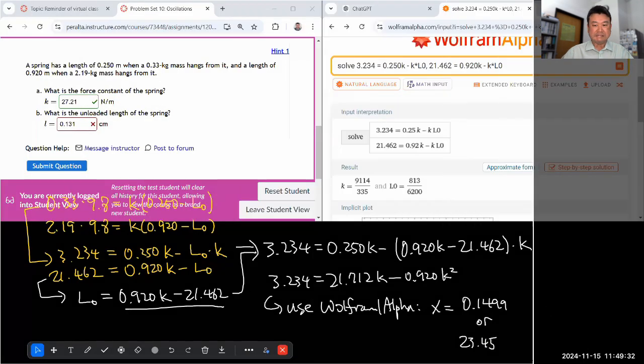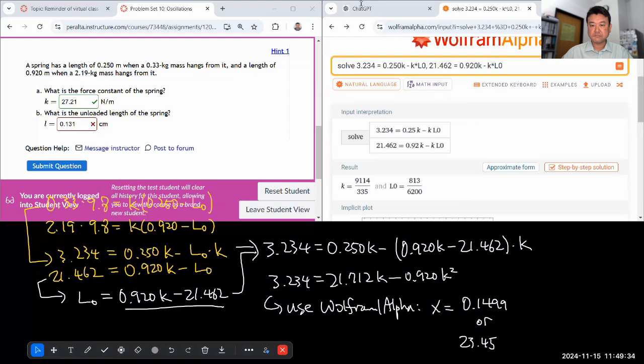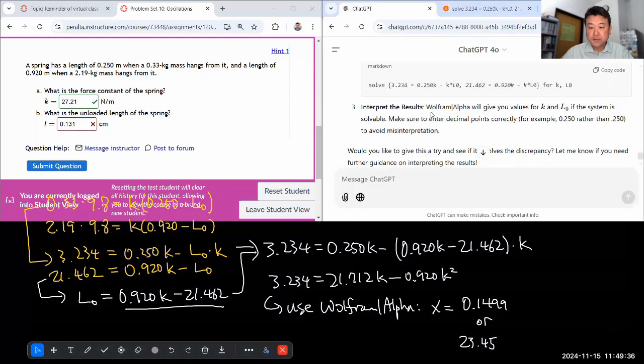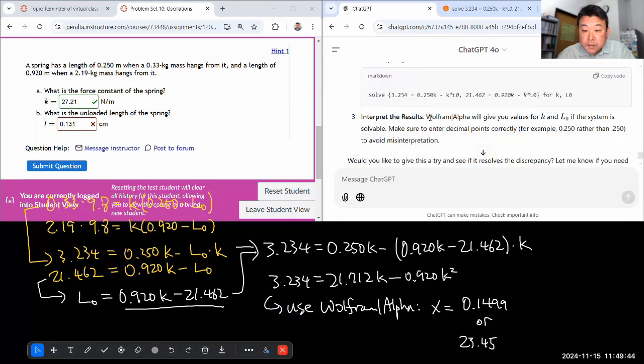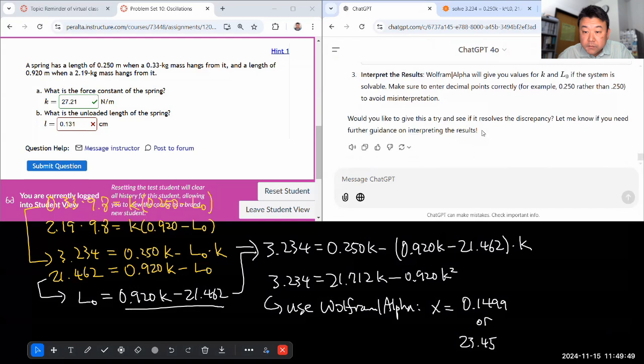Oops. All right. I hope he copied it correctly. Let's see. Alternative setup, if you're getting an error. Okay, interpret the results. Make the decimal point correctly. Okay. All right.